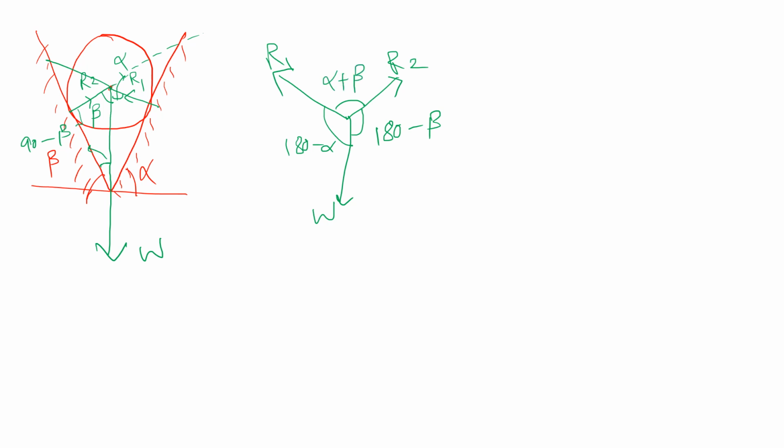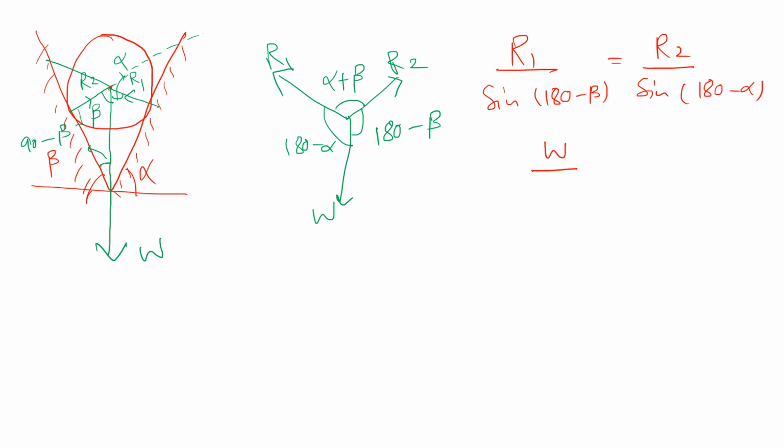So how can you solve for the value of the reactions? R1 upon sine(180 minus beta), and R2 upon sine(180 minus alpha), that is equal to W upon sine(alpha plus beta).